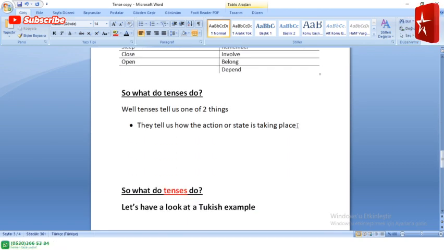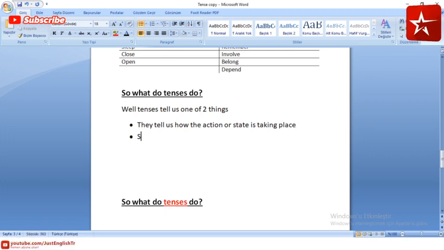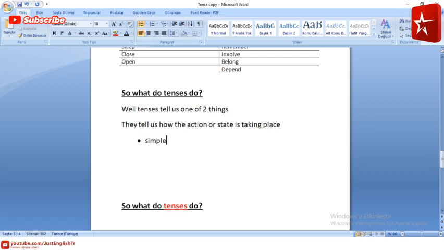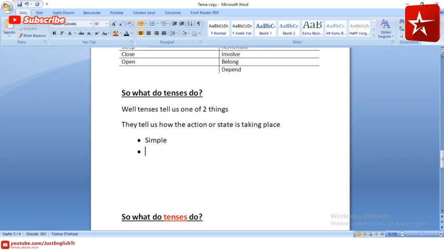So let's put that down here. They tell us if it's simple or continuous. If I quickly go up here, we have simple and we have continuous.